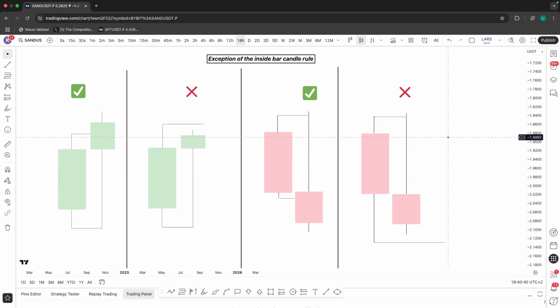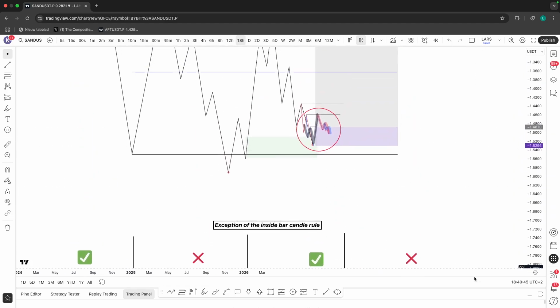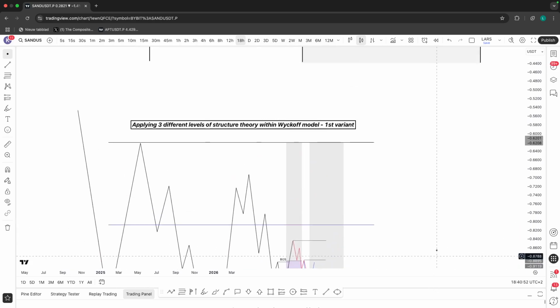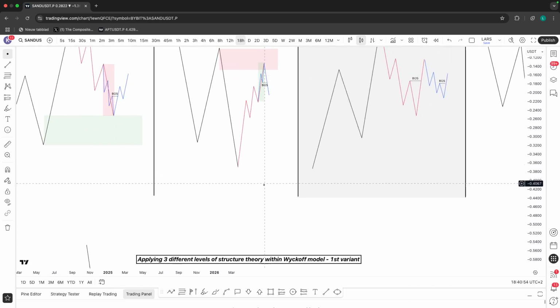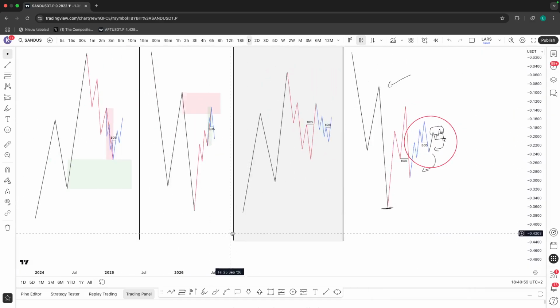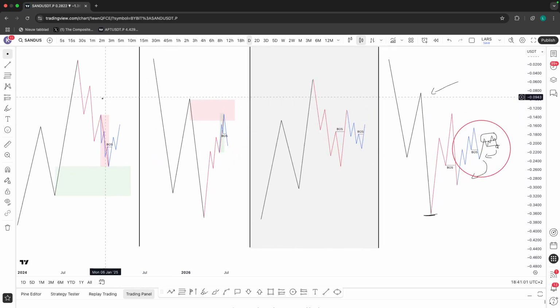So, guys, we got the exception of the inside bar candle rule. I've elaborated on how we're going to be using the level 1, 2, and 3 market structure within our Wyckoff models, and the 2 core ways I'm going to be using level 1, 2, and 3: level 1 trending up, level 2 trending down, level 3 being the refinement of level 2; or level 1 trending up, level 2 breaking back to bullish, and therefore we're using level 3 as the pivot point confirmation for level 2.